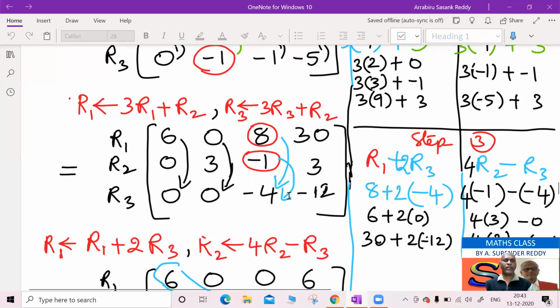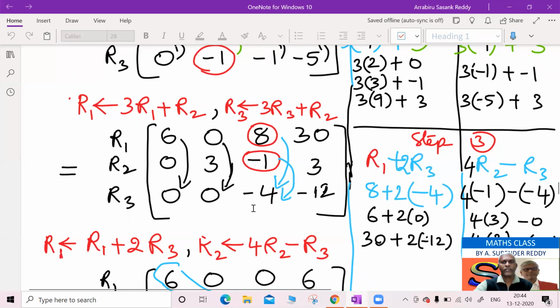In the first step, we convert 2 zeros in the first column. In the second step, we convert 2 zeros in the second column. In the third step, we convert 2 zeros in the third column. If you follow this procedure, it will be easy for you to get the required final form.